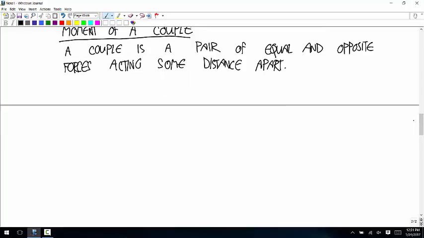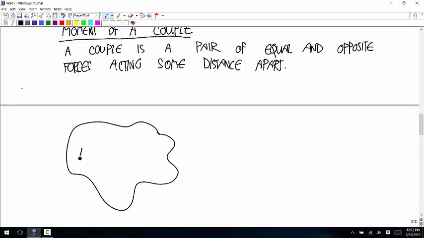Let's say that this is the body, some random body, and let's say that there's a force vector F acting at a point P1, and an equal and opposite force vector negative F acting at a point P2.